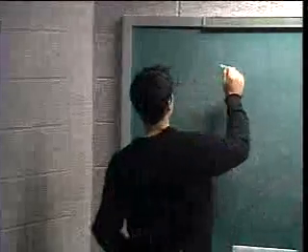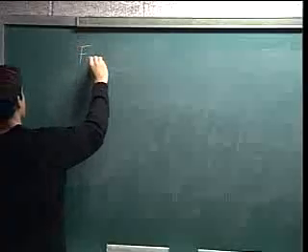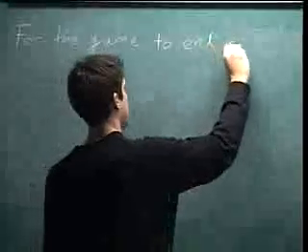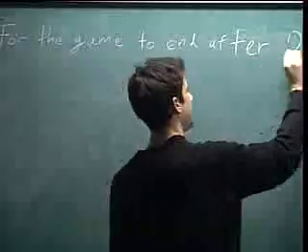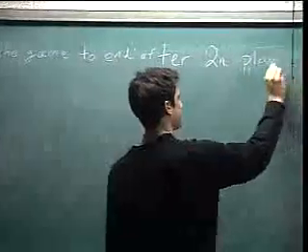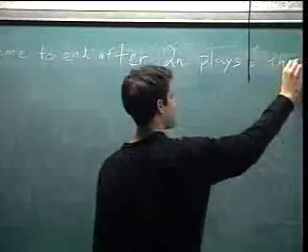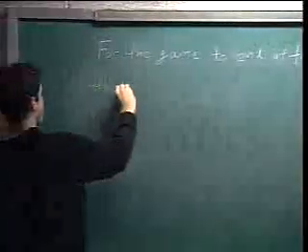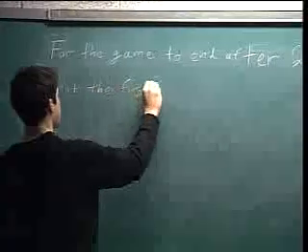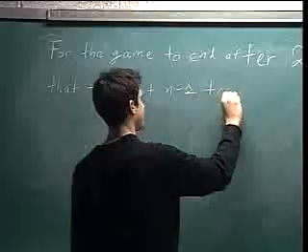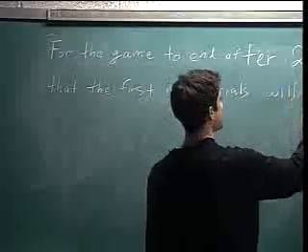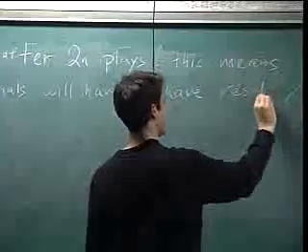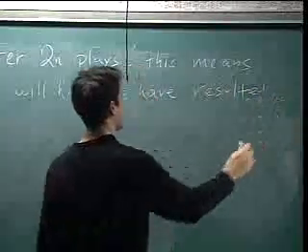So continued here. So then, for the game to end after 2n plays, this means that the first n-1 trials will have to have resulted in draws.